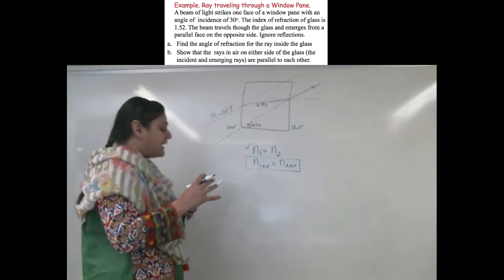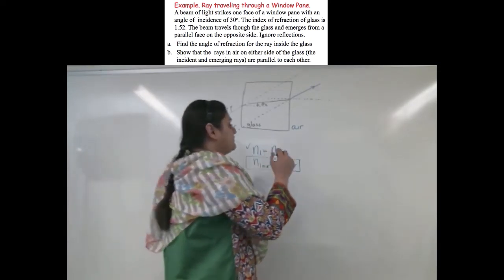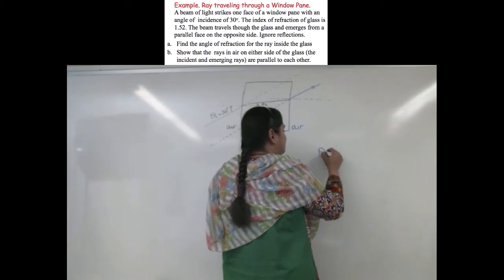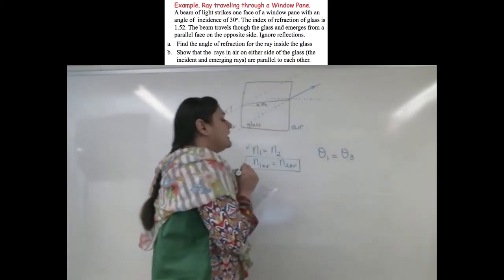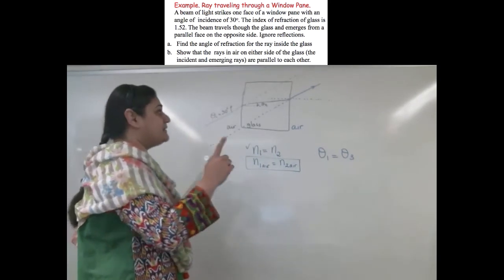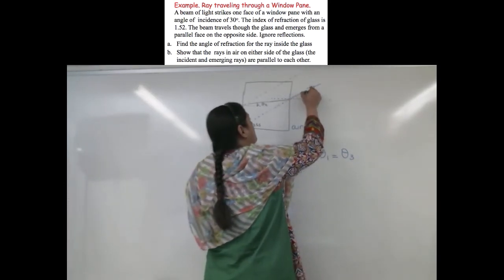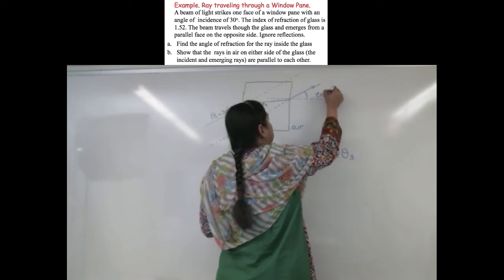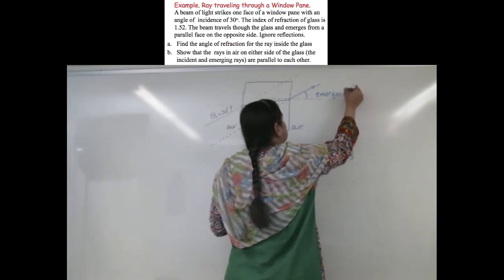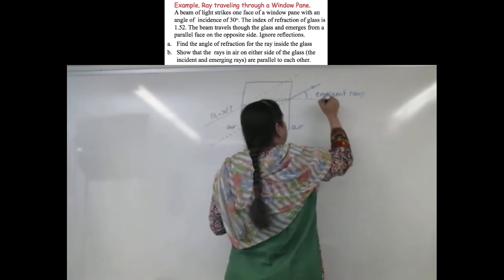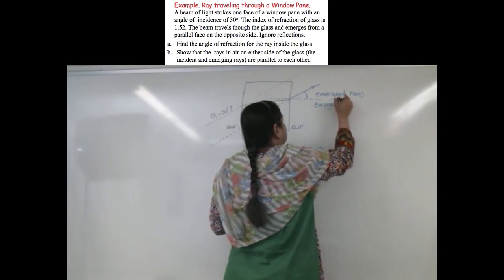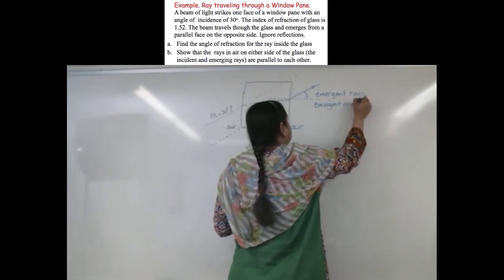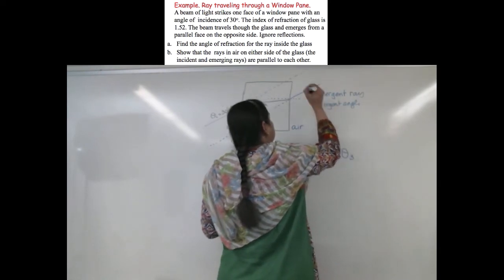The other thing I can do, what really makes sense, is if I can prove theta 1 equals theta 3. What is theta 3? Theta 3 is called the emergent angle, the angle of the emergent ray. So this is going to be my theta 3.